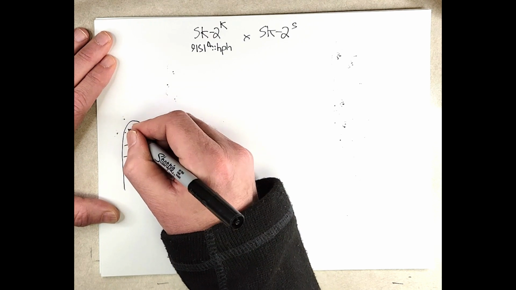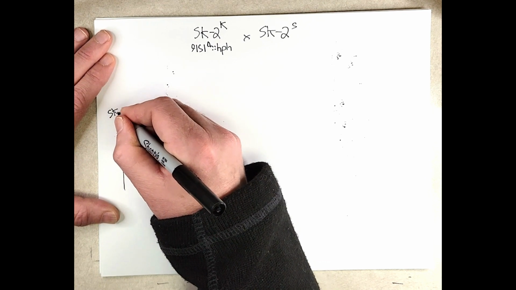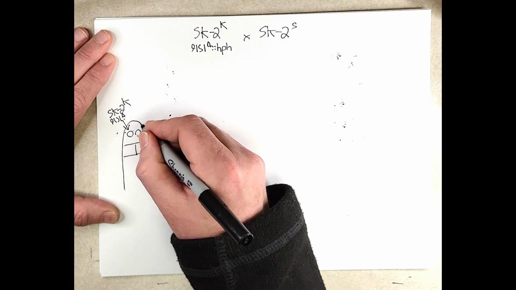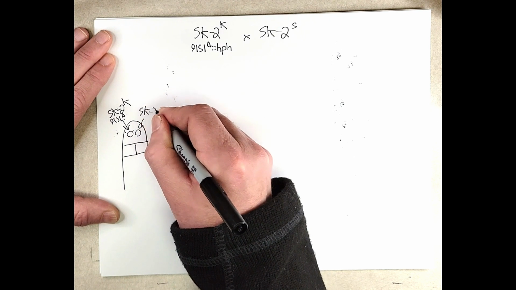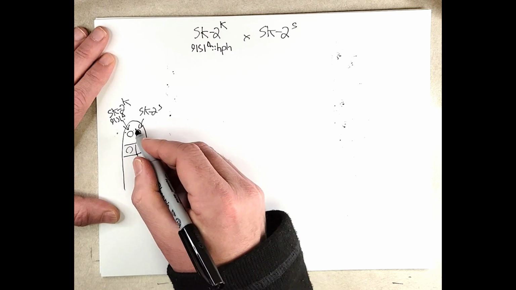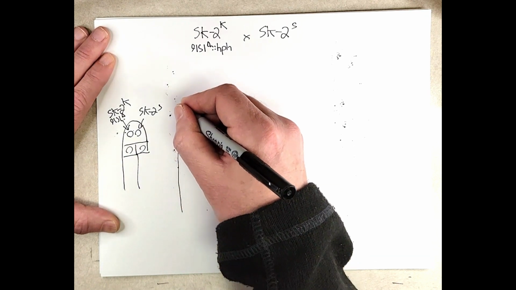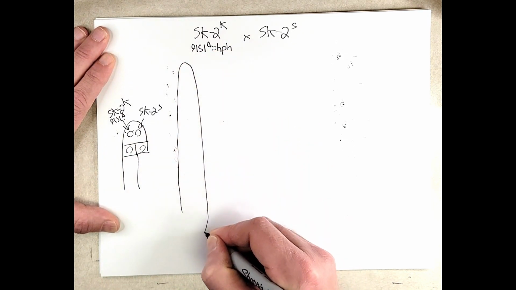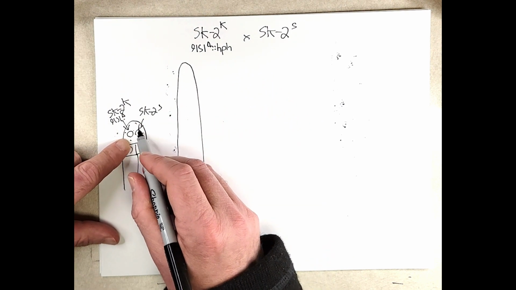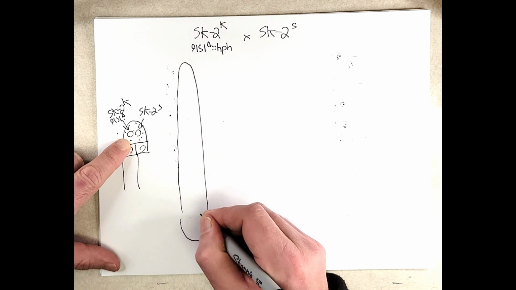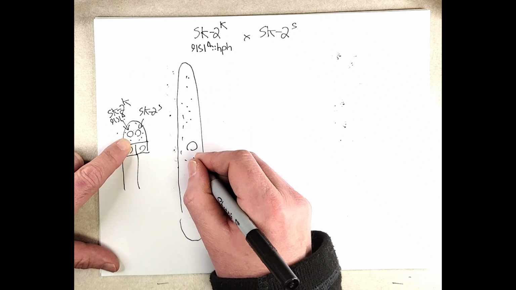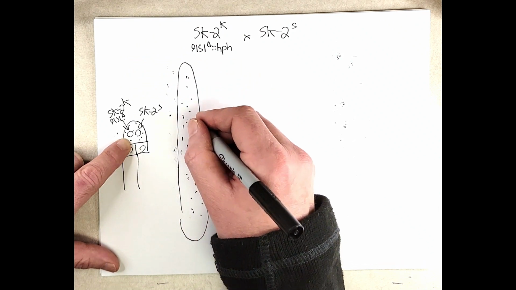So we have the Crozier hook, we have the nucleus from the SK2K 9151 delta strain, we have the nucleus from the SK2S strain. This becomes the meiotic cell. Perhaps the poison isn't active at this point, but at this point, the poison becomes active. The very early stage of meiosis, the poison becomes active.